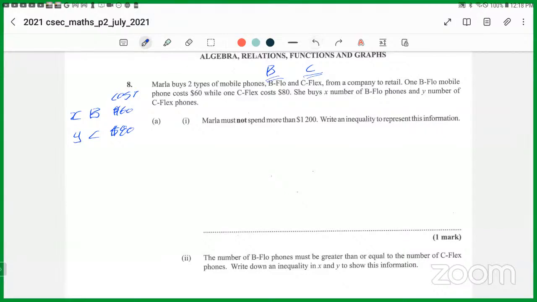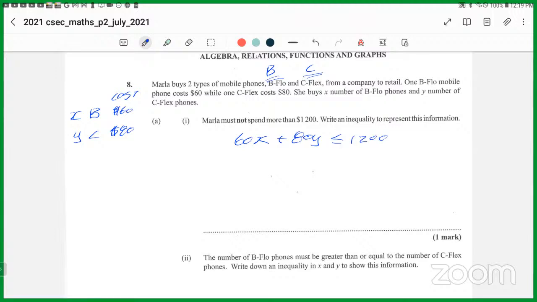It says Marla must not spend more than this. So the total that she's spending can't pass this. The total that she's spending is 60 times X plus 80 times Y. It must not spend more than this, so it has to be less than or equal to 1,200. That's the inequality. But you have to simplify it. This can be divided down by what? 20.